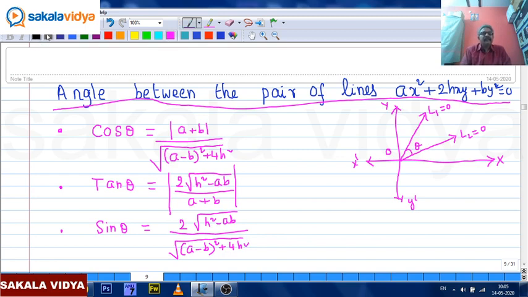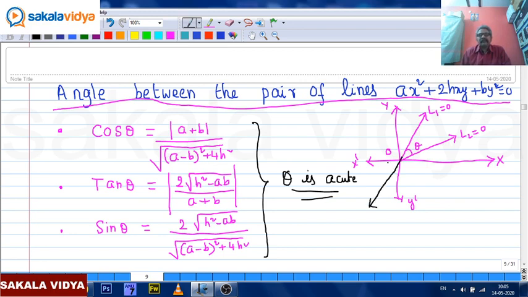In these three cases, you remember theta is acute. Because if you extend these two lines like this, this will be the acute angle.